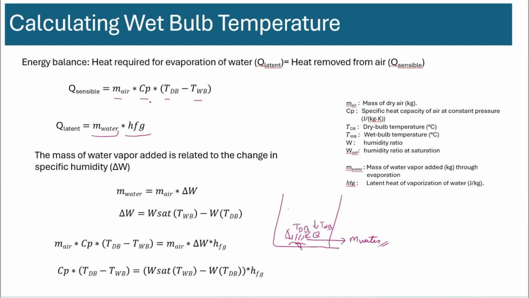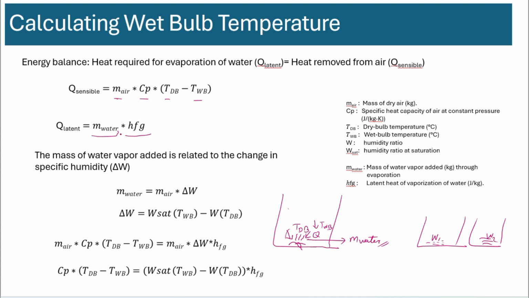Okay, so that's the energy balance. We are equating this to this. Now, how do we calculate the amount of water that is changed? So what we do is we consider the W of the air before evaporation, W1, and after evaporation, like specific humidity before and after.